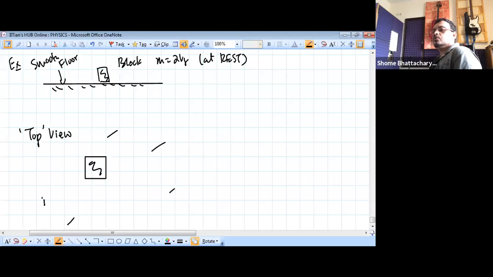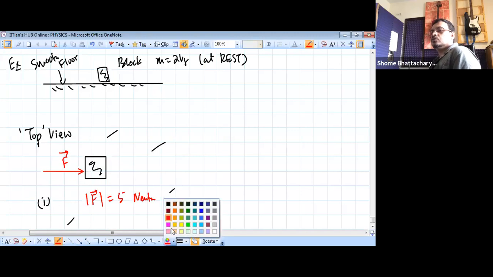Now in case 1, what we are doing is we are applying a single force on the block like this. We are applying a force of magnitude, let us say, 5 newtons.